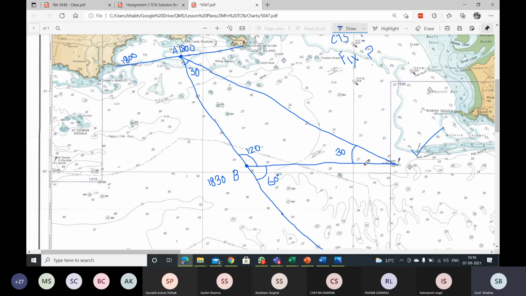Very good. Total has to be 180. So this angle is 30 degrees. Let's call Helvig light vessel as H. So ABH is a special triangle. What is the speciality? Isosceles triangle. Very good. So that means this side should be equal to this side.